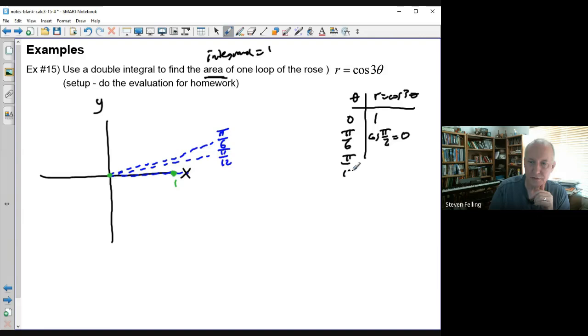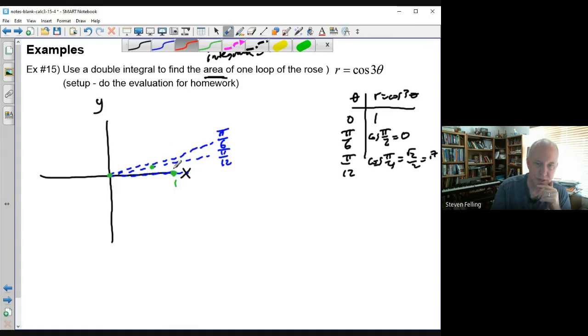Pi over 12. Cosine of 3 pi over 12 would be cosine of pi over 4, right? Which would be the square root of 2 over 2, which is about 0.7. So yeah, it looks like I'm at 0.7 here. So I think what's happening is we're starting here and we're going like that, kind of along that path like that.